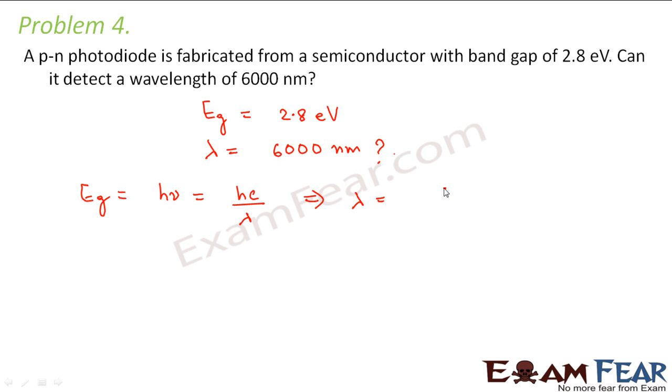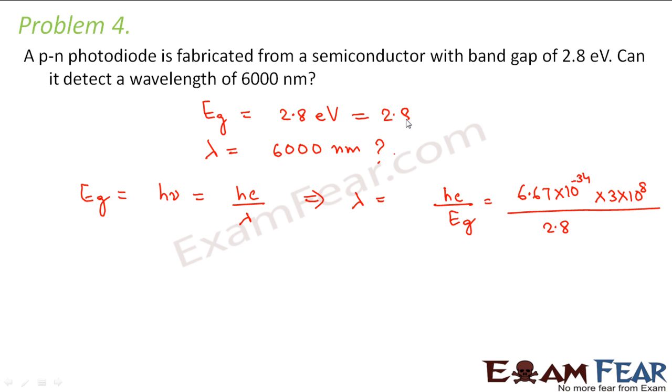So what will be the value of lambda? It would be hc divided by Eg, which comes out to be 6.67 into 10 to the power minus 34 into 3 into 10 to the power 8 divided by 2.8 electron volts. So we can convert it into joules as 2.8 into 1.6 into 10 to the power minus 19 joules.